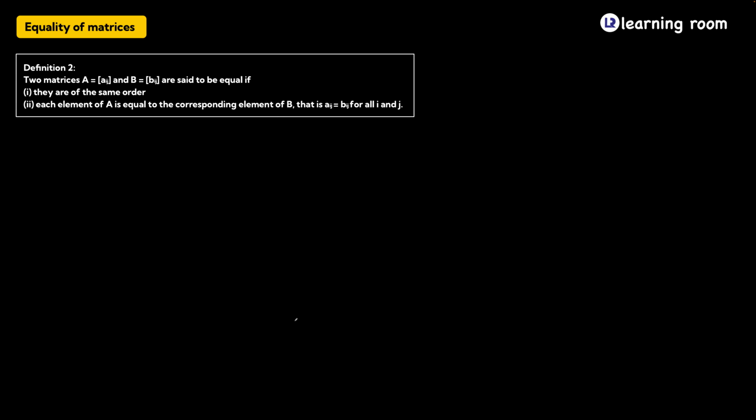So now we'll go to the next topic of equality of matrices. Suppose there are two matrices A and B, where A has the elements Aij and B has the elements Bij.